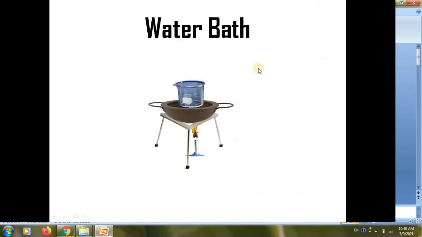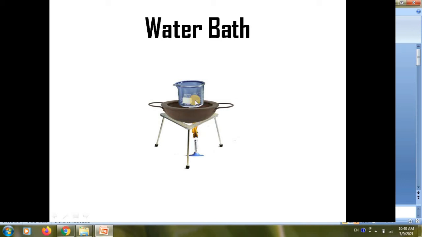Then next, that is a water bath. In some preparations there is a requirement of a heating process. If you have taken 2-3 ingredients into this beaker, after that you have to stir. The next step is to heat for 5 minutes. This is a glass beaker, and you don't heat this glass beaker directly, because there is a chance of breakage.